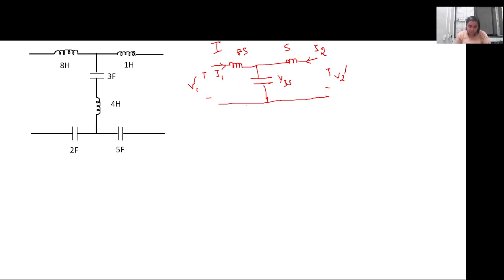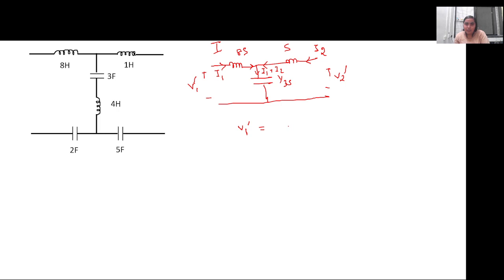So if I am to write V1 dash and V2 dash, I'll simply write the equations because this is a pretty straightforward circuit. So I1 current is flowing in here, I2 current is flowing here, so the net current through the capacitor is I1 plus I2.